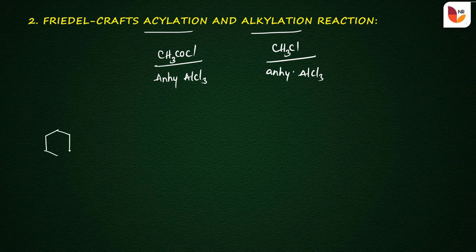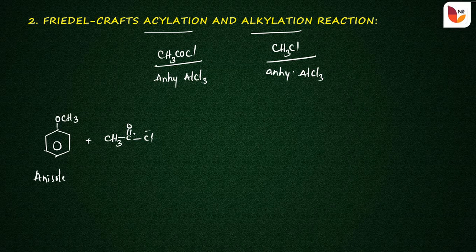That is the Friedel-Crafts acylation of ethers, that is OCH3, so it is to be called anisole. So this anisole is treated with acetyl chloride, CH3COCl.